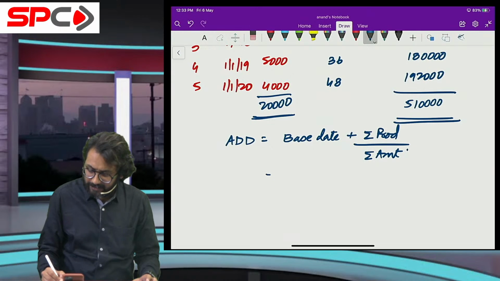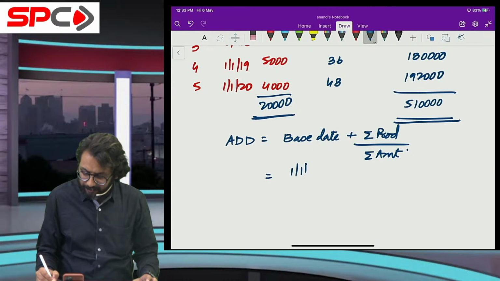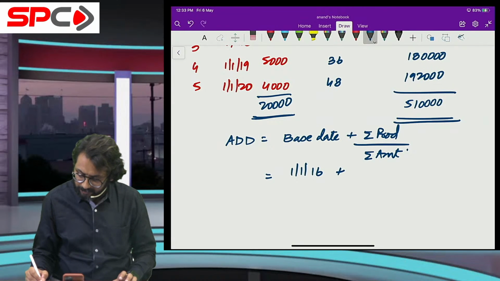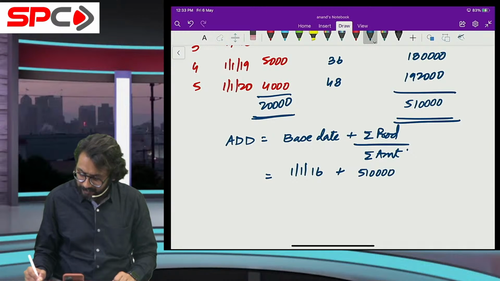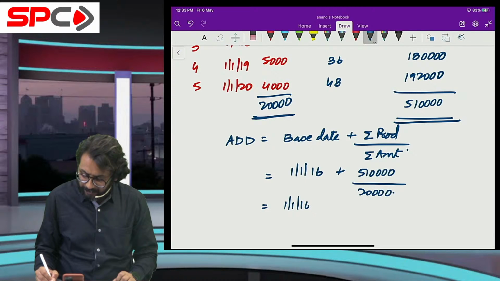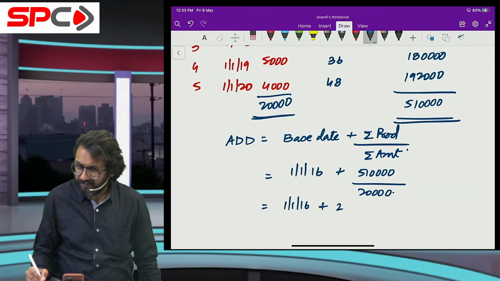So what is the base date, beta ji? 1/1/16 plus 5,10,000 divided by 20,000. 1/1/16 plus how many, beta? 25.5.